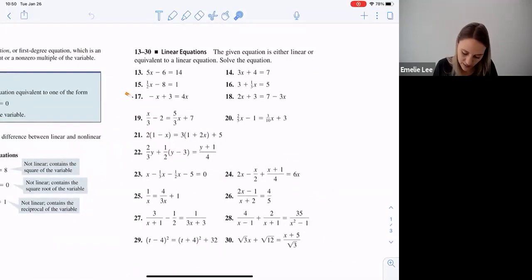Something like 24, 25, 26, 27, 28, all of those, and those are the kinds that I tend to gravitate towards. Those will all be solvable by just finding that common denominator and then moving things around. So on your own, try these, and then that's where we'll pick up on Thursday.